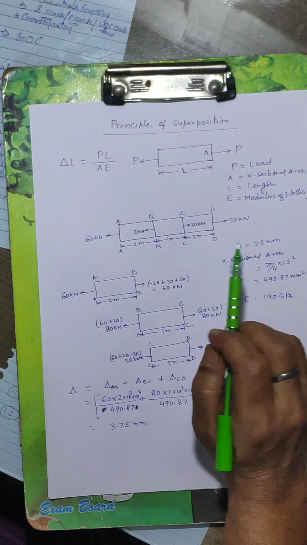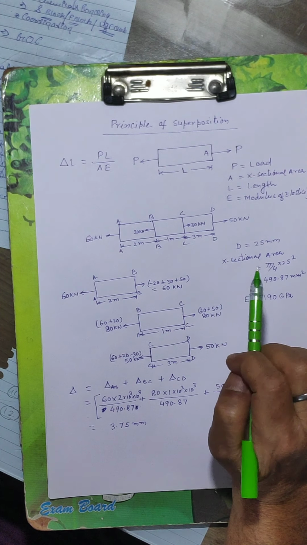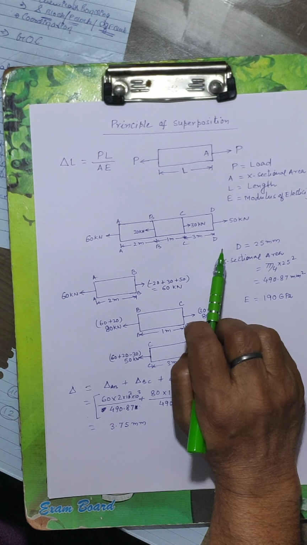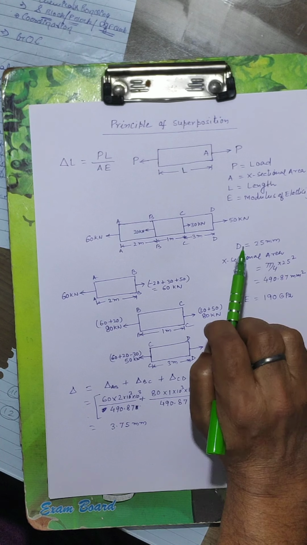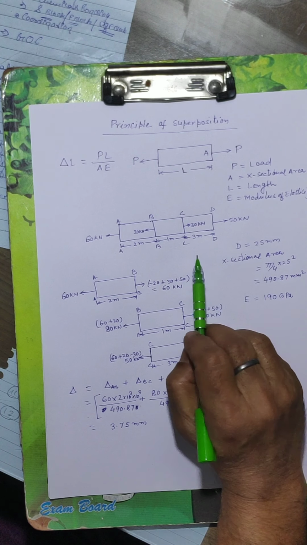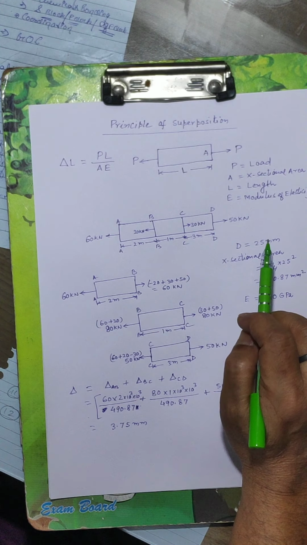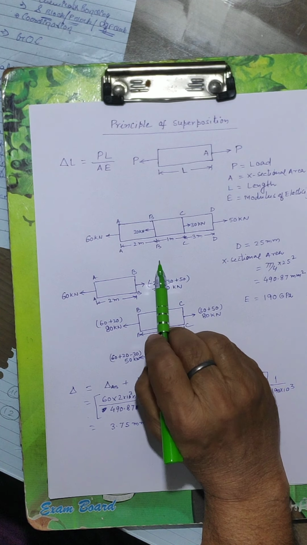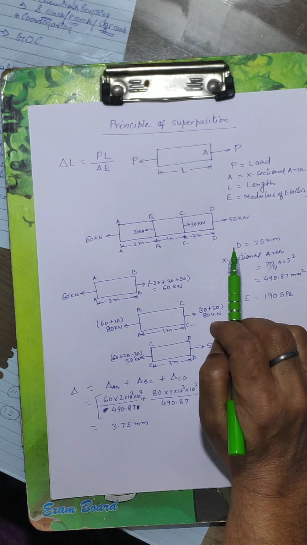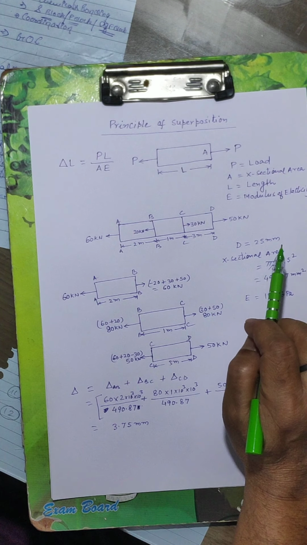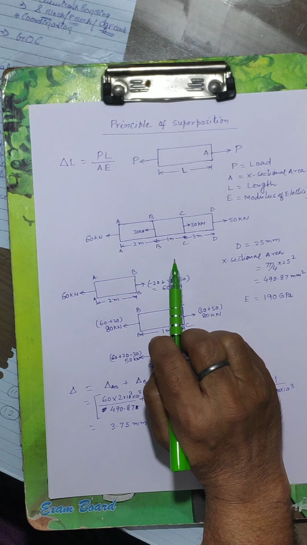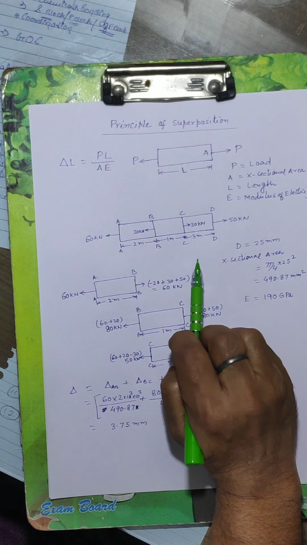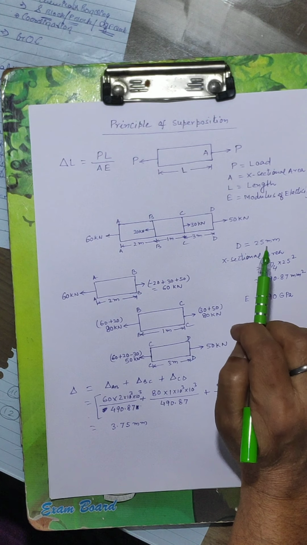What does it mean? What this principle says? That if a body is subjected to number of tensile or compressive forces at different parts of this body, then resultant elongation of this body will be equal to algebraic sum of different parts of elongation of this body.